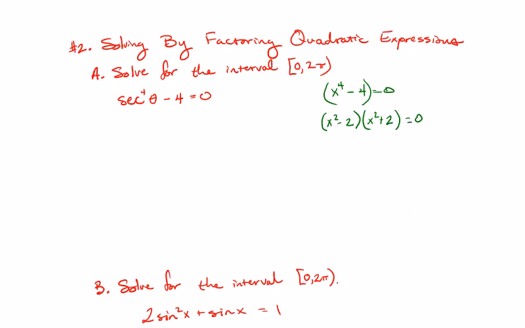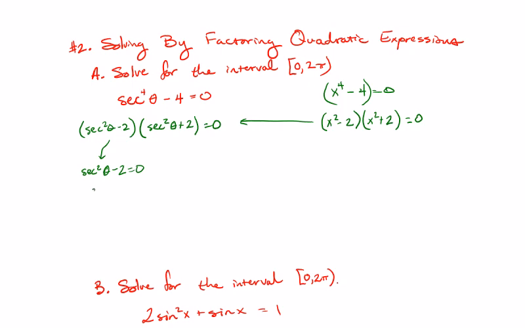Okay? And so then I'm just going to translate that back over here. I'll call it secant squared of theta minus 2 and secant squared of theta plus 2. And then I'm going to set each factor equal to 0 because now we can use the square roots and move forward. So secant squared of theta minus 2 equals 0. Let's solve.